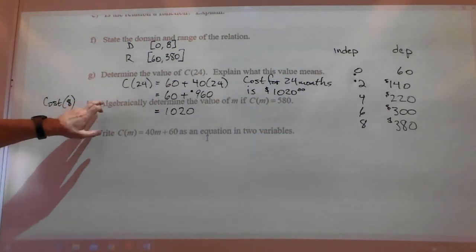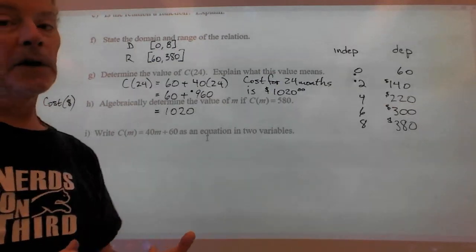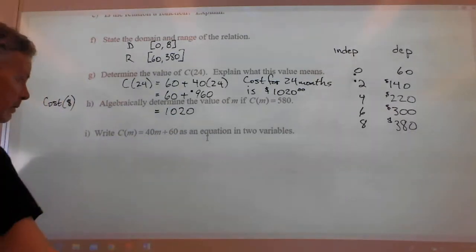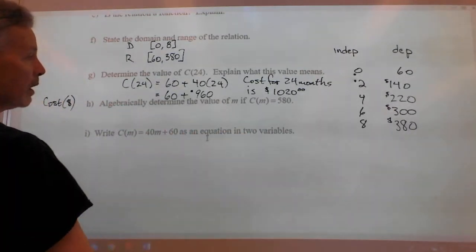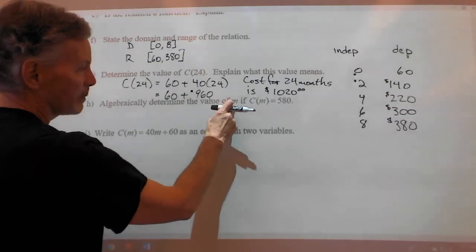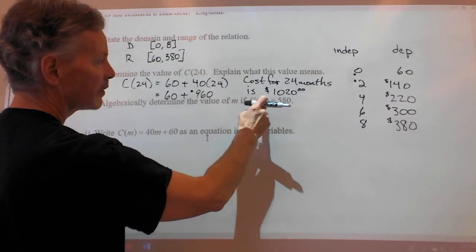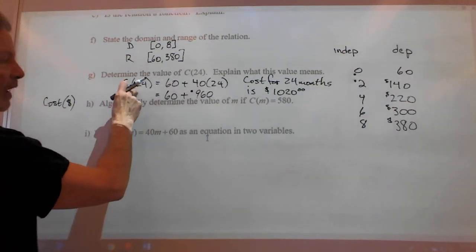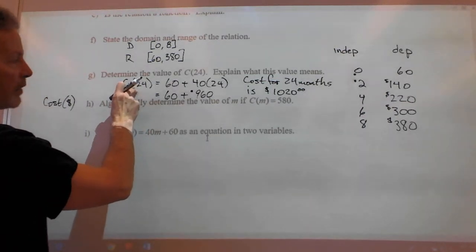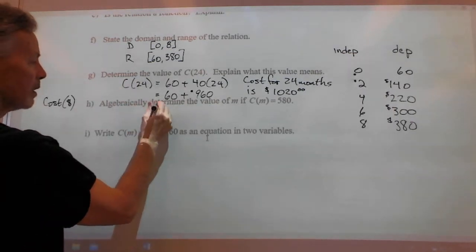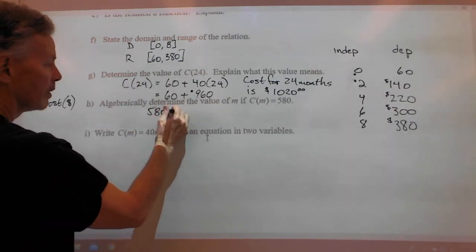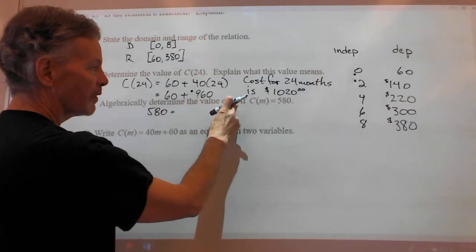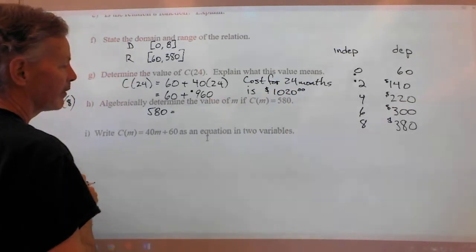Algebraically determined. Remember, whenever they say algebraically, it means you have to show your work, you have to use the equation. Okay? So, they're saying find M if C at M, your total cost, is 580. So that means your left side variable, your Y variable, or in this case your cost variable, is $580. Find out how many months you would have to be a member if you were to pay $580.